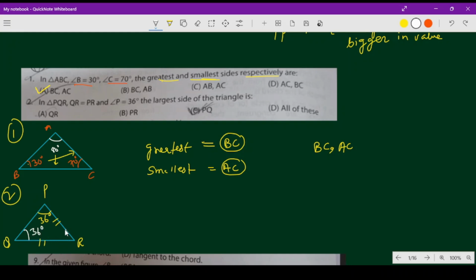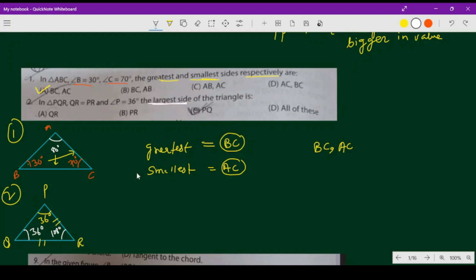Now with the help of the angle sum property, we can say that angle R is nothing but 180 minus the sum of these two. So 36 plus 36 is 72, right? So 180 minus 72 is 108 degrees. Now in this question, they're asking for the largest side.